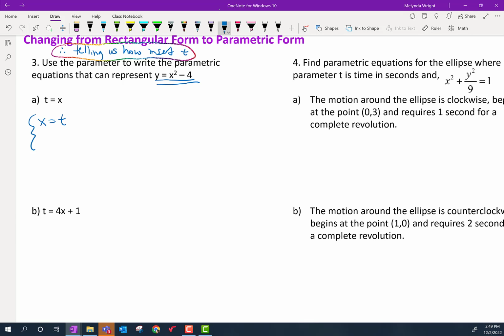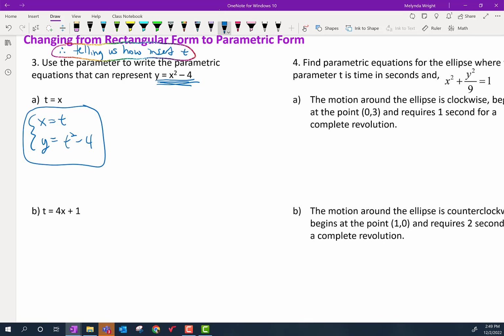Okay, I need a y equation. So I'm going to substitute t for x in here. That's going to give me y equals t squared minus 4. And I'm done. That's my parametric equations. They told me exactly how to convert it. They told me that t was x, and so we went with that.